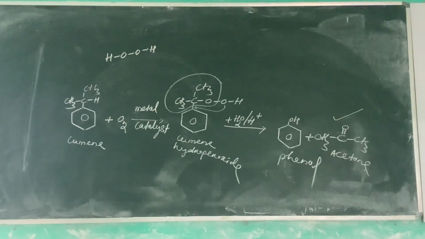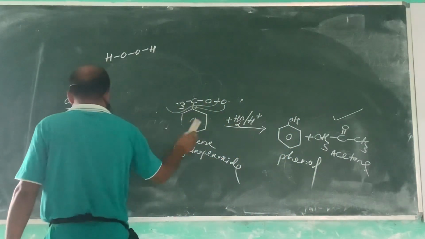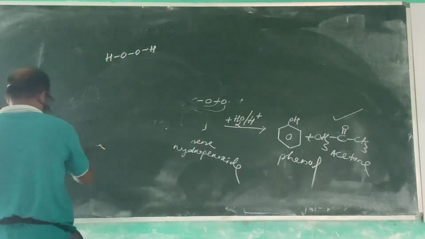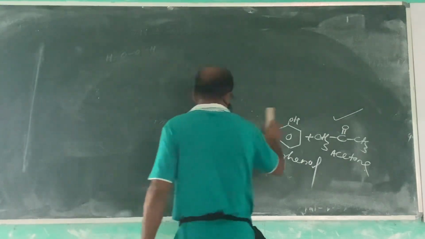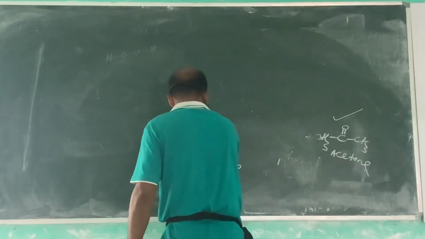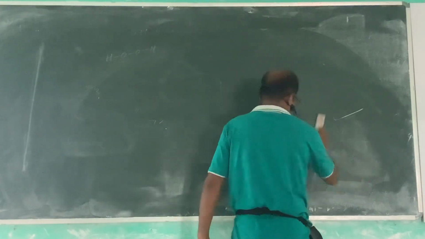Let us consider the chemical properties of phenol. The chemical activity, or reactivity, of phenol is due to the presence of the benzene ring and also due to the presence of the OH group. That means phenol possesses reactivity due to the OH group as well as the benzene ring.